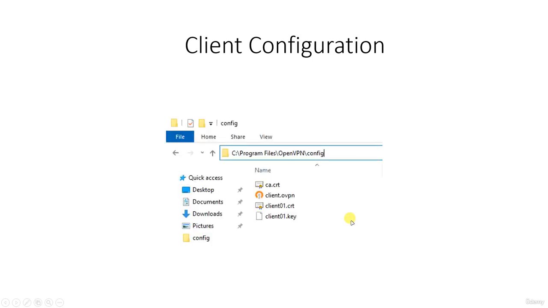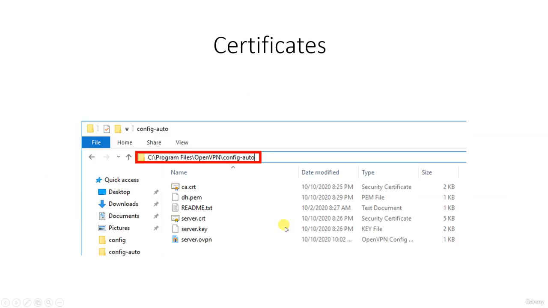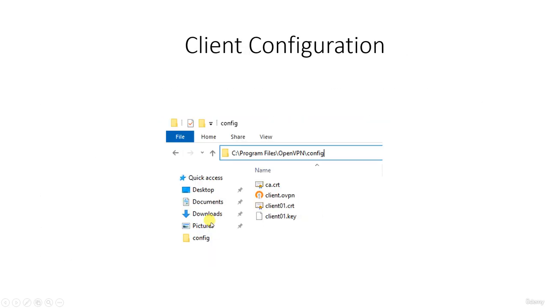These are the files that we need to copy to this config folder: ca.crt, client0001.crt and client01.key. You need to copy these files from your server. All these files are in here, as you can see. Make sure you copy and paste them in this directory.